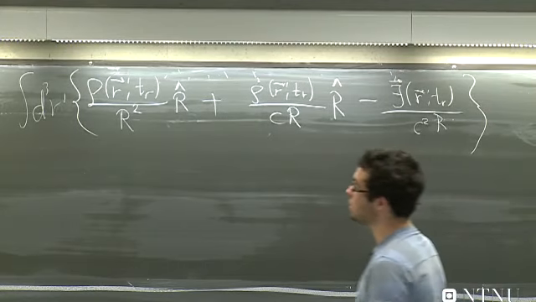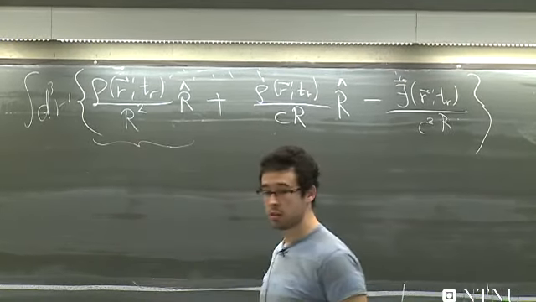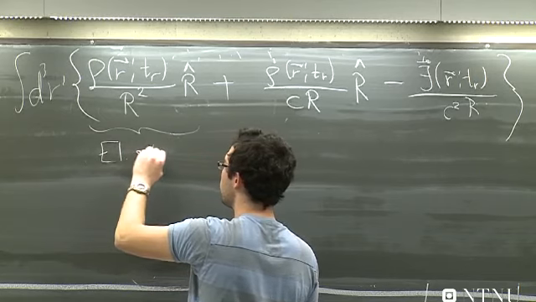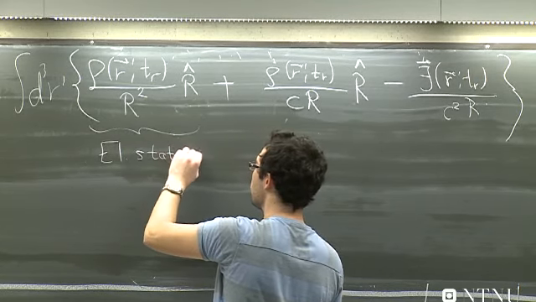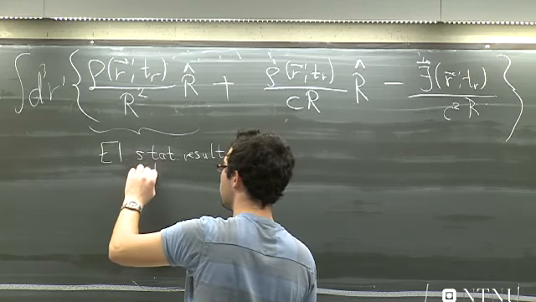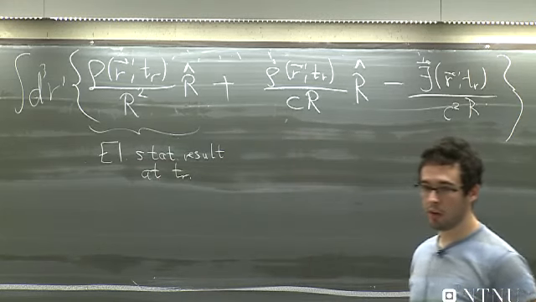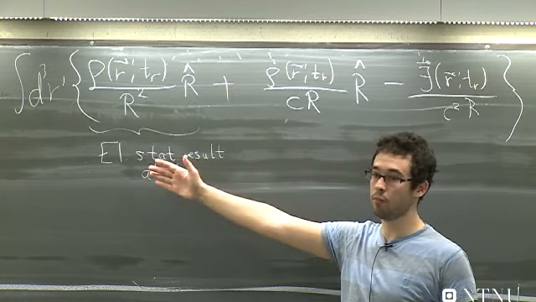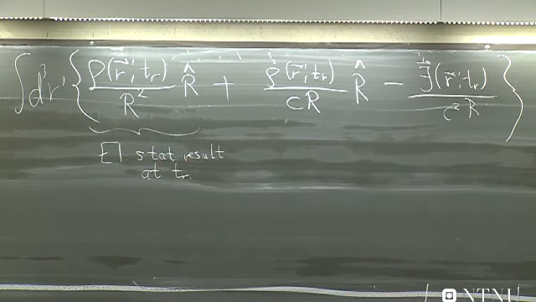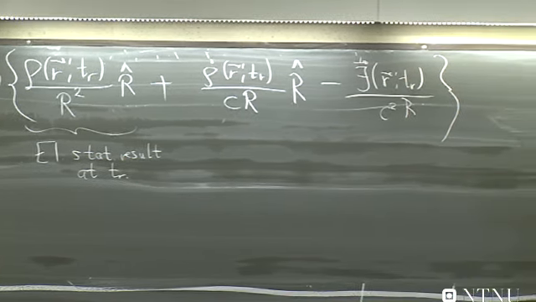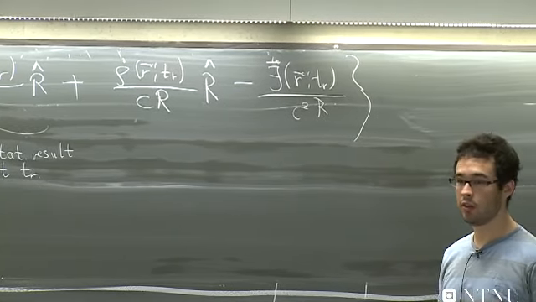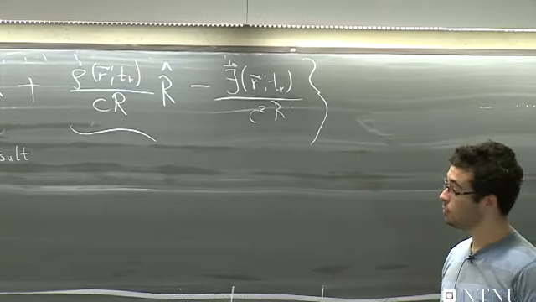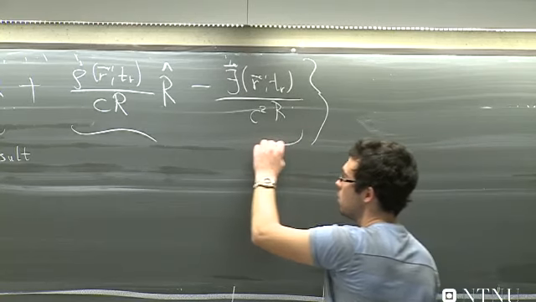Now notice that this term here, that's the electrostatic case evaluated at retarded time. So if we naively insert the retarded time into the electrostatic expression, this is the only term we would be left with, right? But because the space coordinates started depending on time because of the retardation effect, we added this term, and because we added the time derivative of the vector potential, we added this term.